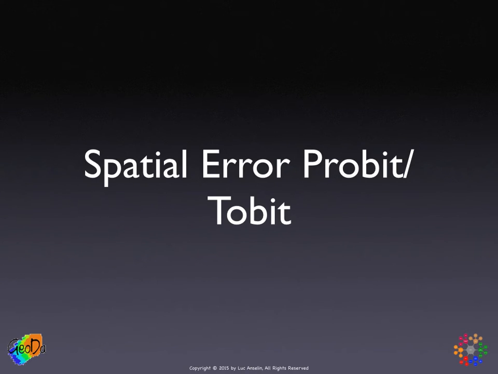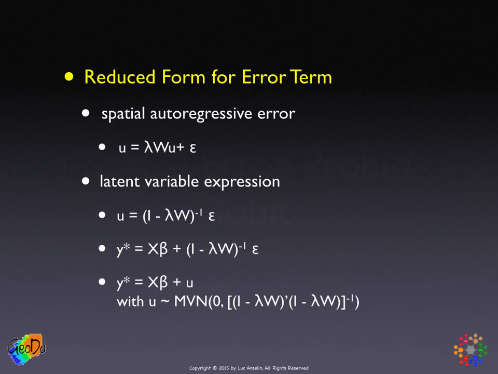The spatial error, Tobit and Probit, is actually much simpler because we don't have to deal with this reduced form. We just have a spatial autoregressive error, which, as we now know, has its own expression in a reduced form, which we then plug back in, and which gives us a multivariate normal distribution with this complex variance covariance matrix, (I minus lambda W)' (I minus lambda W), inverted, the whole thing inverted.